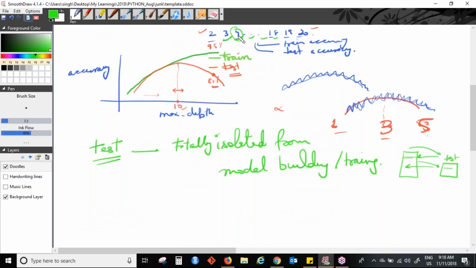How did we know that our test data accuracy is not best at 4? Because we went to the test data and saw its accuracy there, and we realized that it is not good. Then we came back and did at 5. Then we came back and did at 6. So we did at all these numbers and then we realized that okay, at 10 it is the best. So this is like cheating, right? Because we are going into the test data, looking at what the accuracy is and then coming back and again changing the numbers. Do you understand, guys?